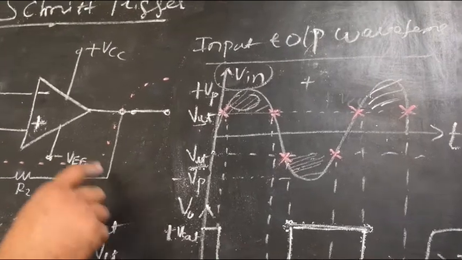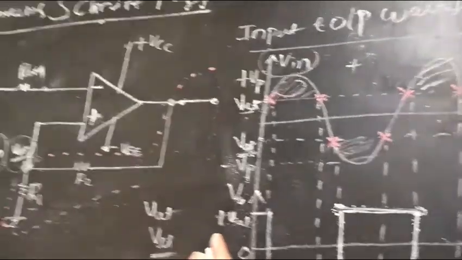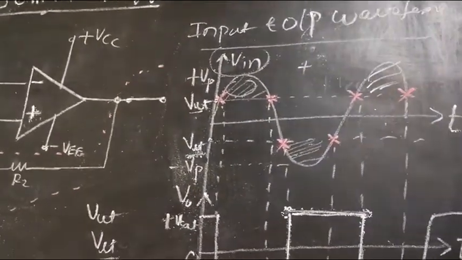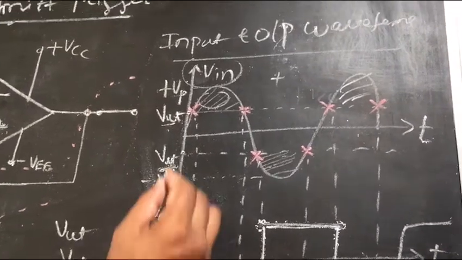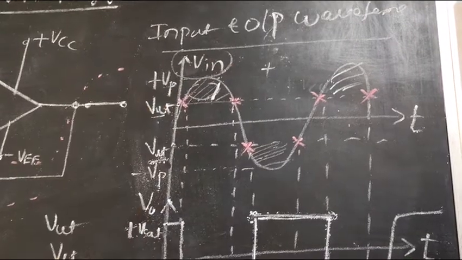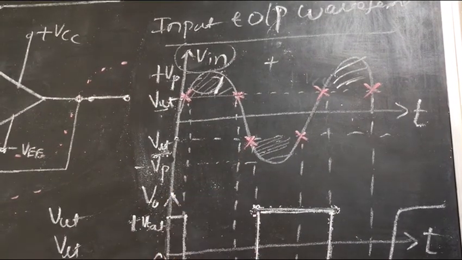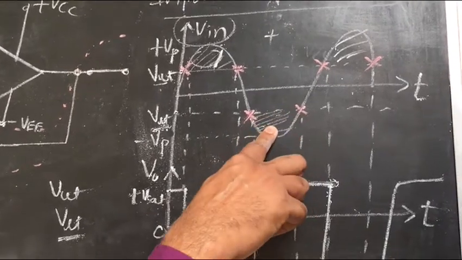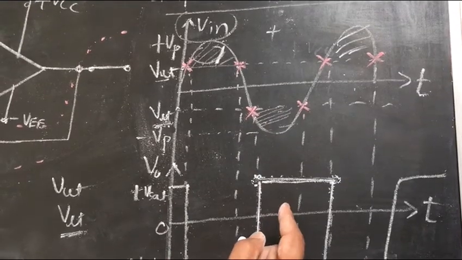Because of regenerative action, that is positive feedback, Vo switches faster between plus Vsat and minus Vsat. Vin must be slightly more positive than VUT to switch or trigger the output from plus Vsat to minus Vsat. Similarly, Vin must be slightly more negative than VLT to switch the output from minus Vsat to plus Vsat.